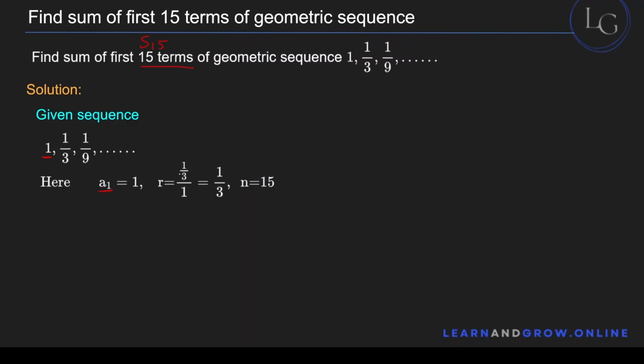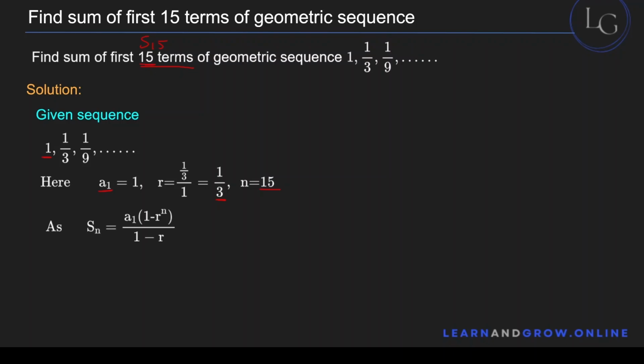The common ratio you can find by dividing the second term by the first term or the third term by the second term. It doesn't matter because the result will be the same, and that is 1 by 3. And the value of n is obviously 15 because we have to find the sum of the first 15 terms.